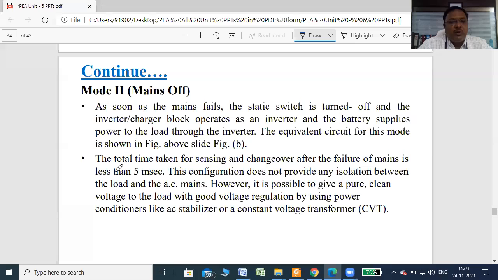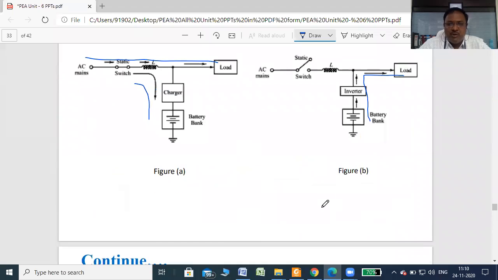The total time taken for sensing and changeover after failure of mains is less than 5 milliseconds. The configuration does not provide any isolation between the load and AC mains. However, it is possible to give pure clean voltage to the load with good voltage regulation by using a power conditioner like an AC stabilizer or a constant voltage transformer.